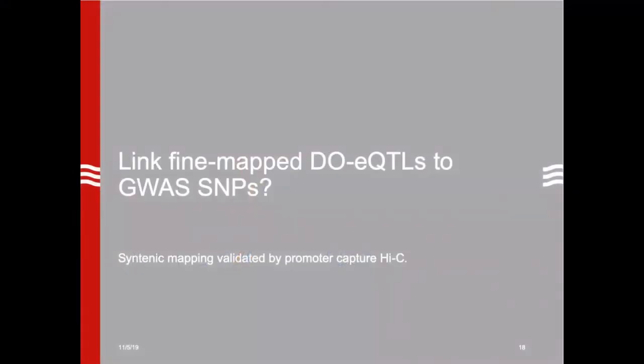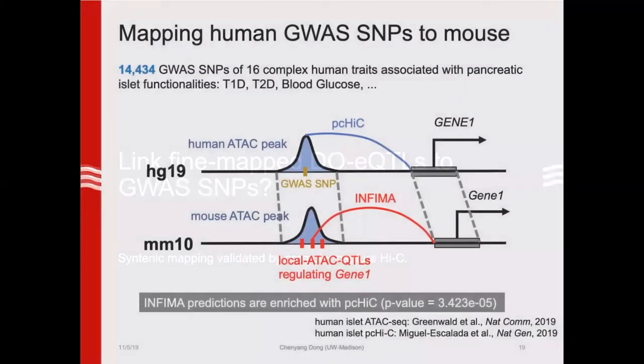Now, our goal becomes, how do we use these fine-mapped DO eQTLs to link to GWAS SNPs, or help us to understand the GWAS SNP and gene linkage. We here use synthetic mapping and validate by promoter capture Hi-C data.